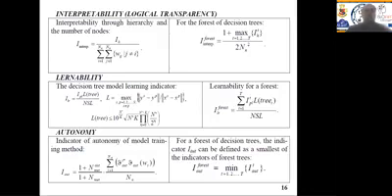On slide 16, you can see the proposed set of indicators to measure interpretability or logical transparency of a model, for a single decision tree or also for the forest of decision trees. Also, I propose an indicator to measure learnability, for the single tree as well as for the forest, and indicators to measure the autonomy of a single decision tree model and a forest of decision trees.